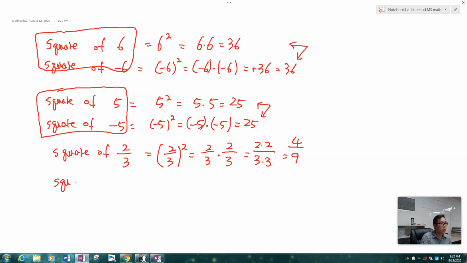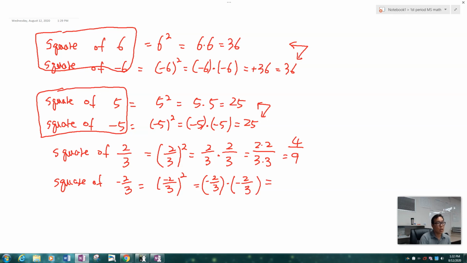Square of negative 2 over 3, that means negative 2 over 3 squared. That means negative 2 over 3, quantity of negative 2 over 3 times quantity of negative 2 over 3.